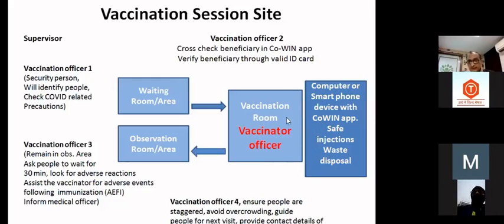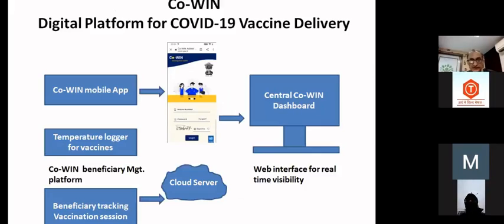So the whole system of vaccination will be entered in computer software or a mobile phone, where every data entry of the vaccine given is made, and the healthcare person will get an SMS on the mobile phone that he has been vaccinated on this date, and the next due date will be on such and such day after 28 days.